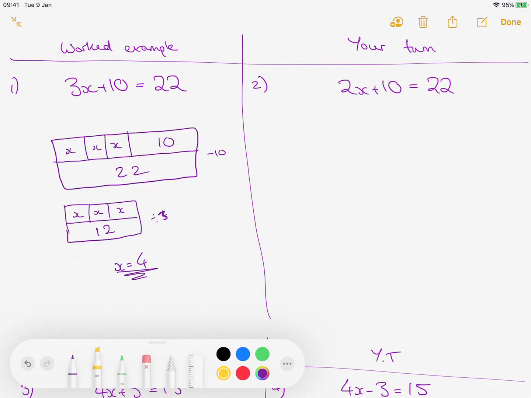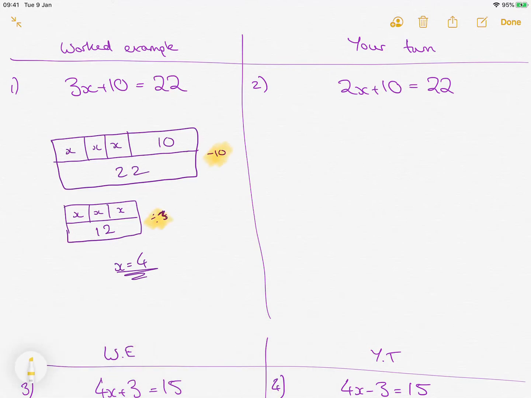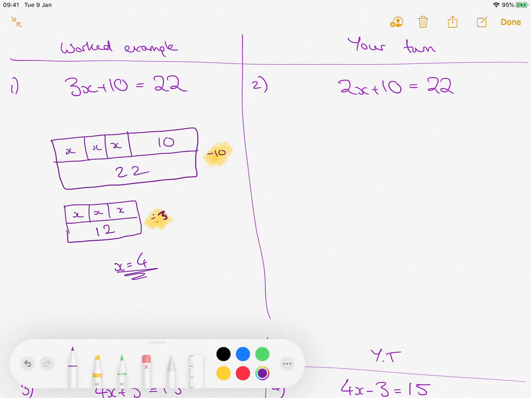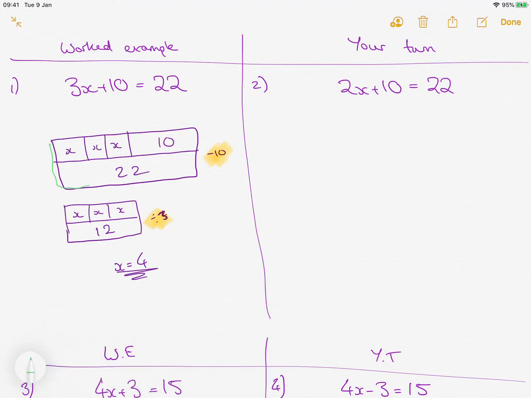It's called a two-step equation because now we've got 2 steps here. We're taking away 10, then we're dividing by 3. I can always draw these bars at the same length, because of this equal sign. Whatever's on the left-hand side is equal to the right-hand side. So this represents the left-hand side of the equation, and this represents the right-hand side of the equation.